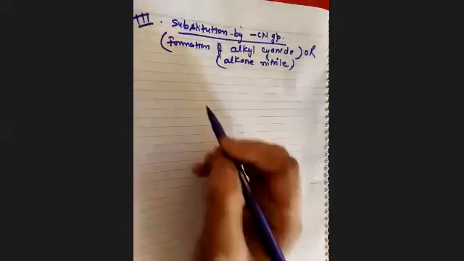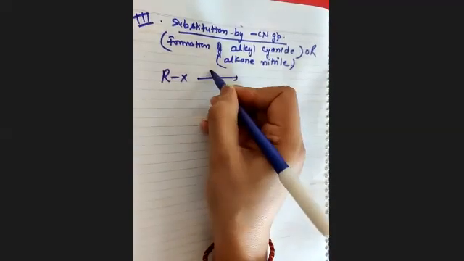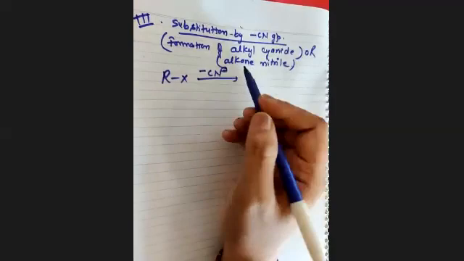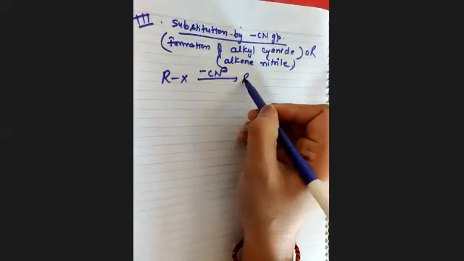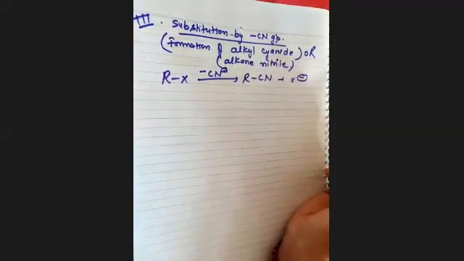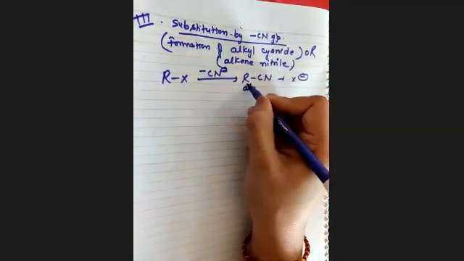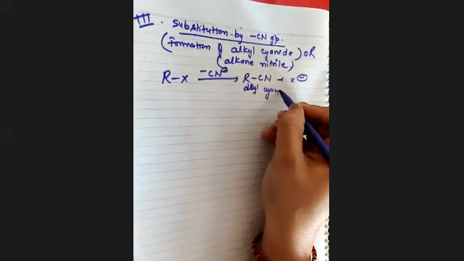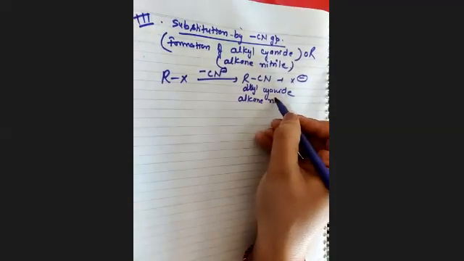So RX in presence of cyanide group, just write CN minus also here, that will be RCN plus X negative. Your nucleophile will get out. So this will be alkyl cyanide as well as alkane nitrile.